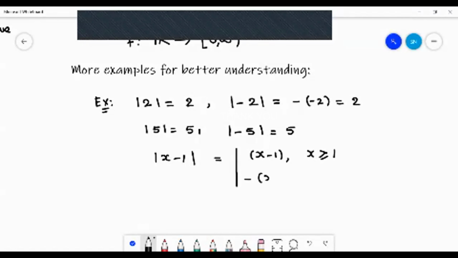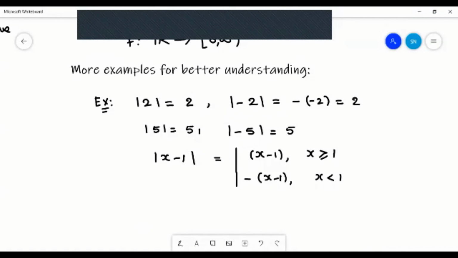But it is minus of (x minus 1) whenever x is less than 1. Since the sign of x minus 1 depends on x, for x greater than or equal to 1 and x less than 1, you can remove the modulus and write the value of this function.